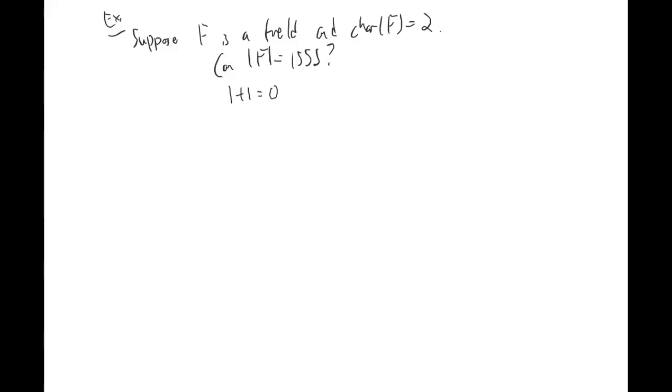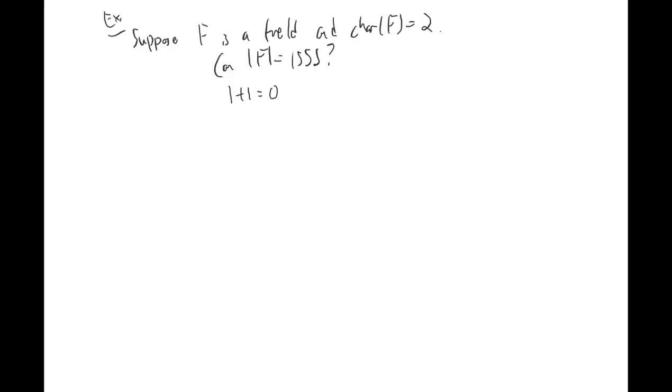Okay, but what do we know about addition? A ring is what under addition? Use the definition of a ring. In particular, it's a group, right? So what does 1 plus 1 equals 0 mean?